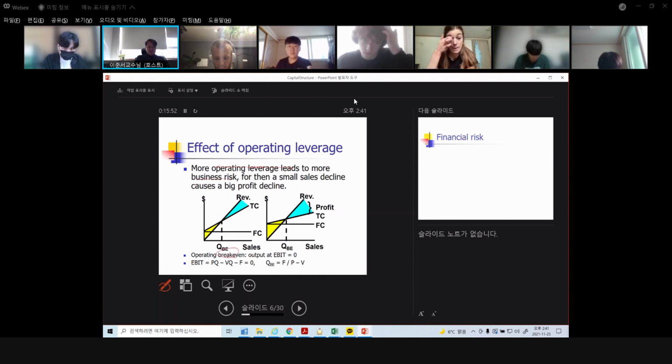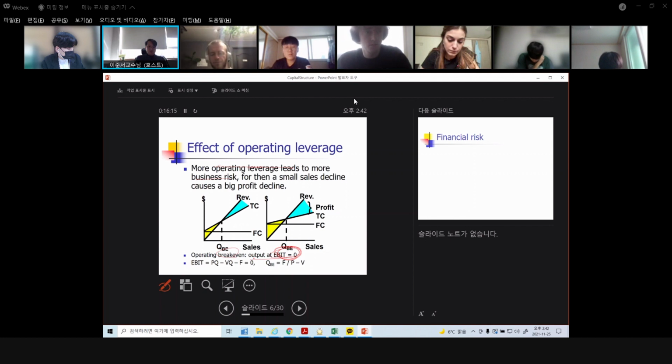Break-even point means what? There's no loss and no gain, no profit and no loss. That's the break-even point, which means the output at which EBIT equals 0, right? No profit, no loss.